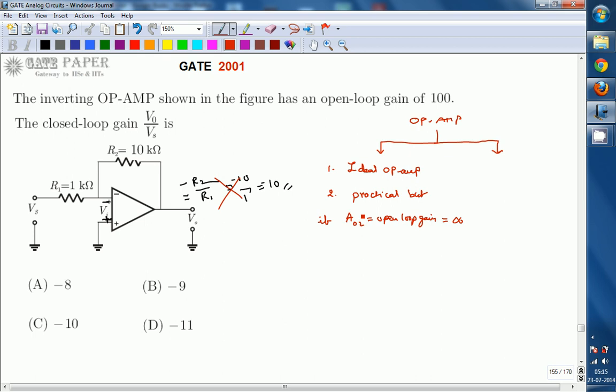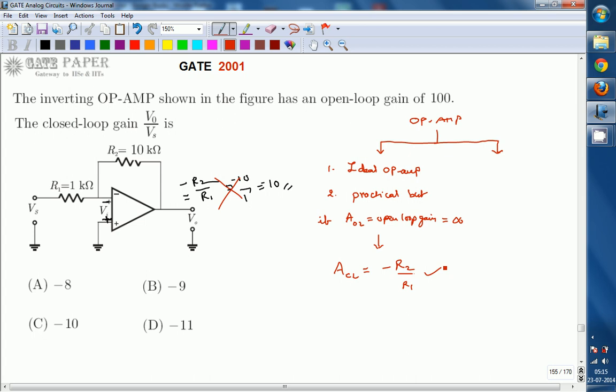In these two cases you can use the closed loop voltage gain equal to minus R2 by R1. So for an ideal op amp, or otherwise a practical op amp whose open loop gain is treated as infinite.